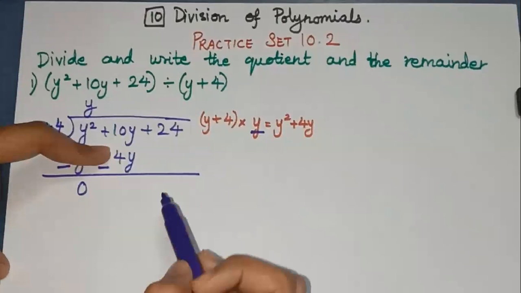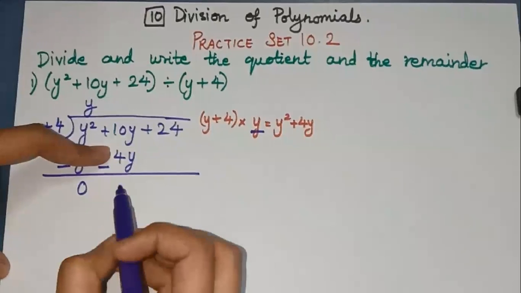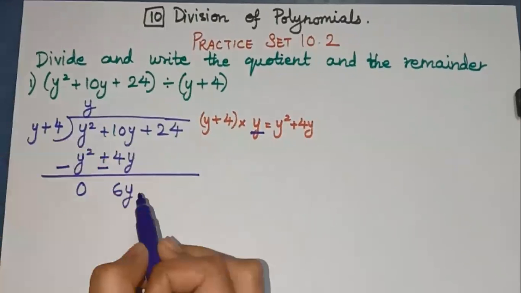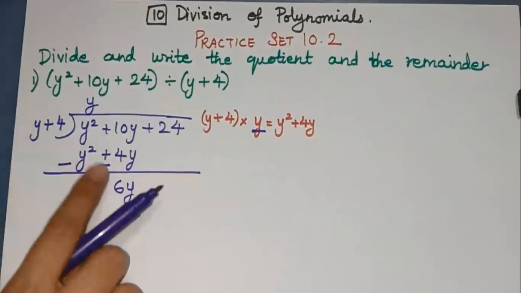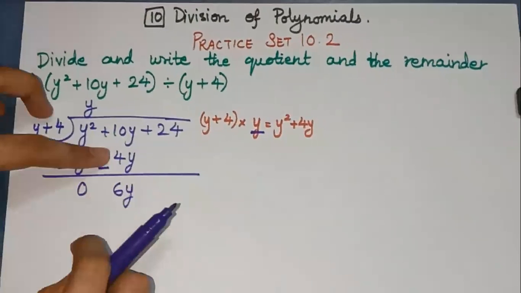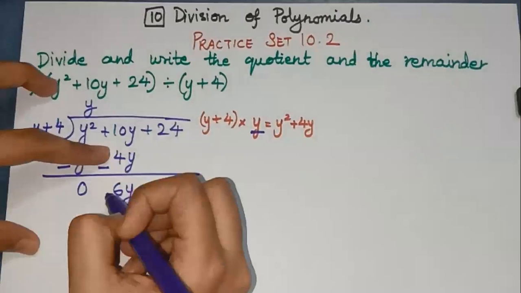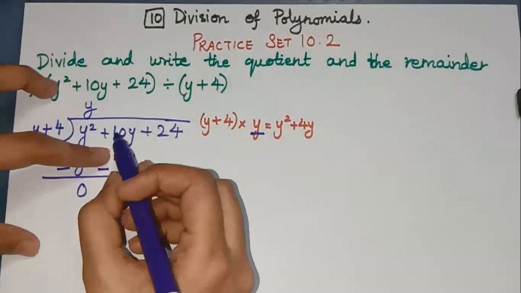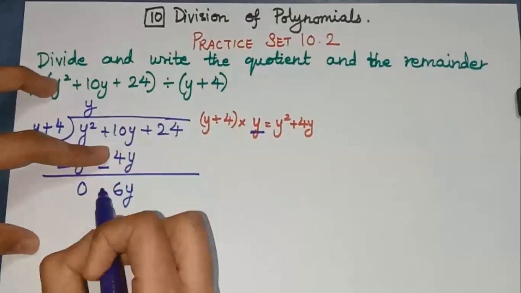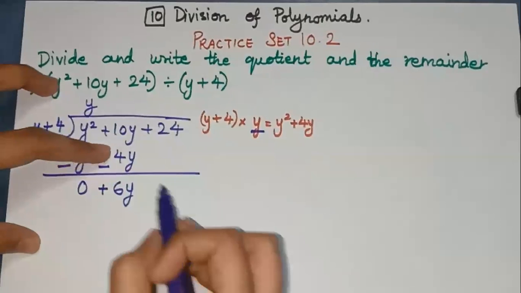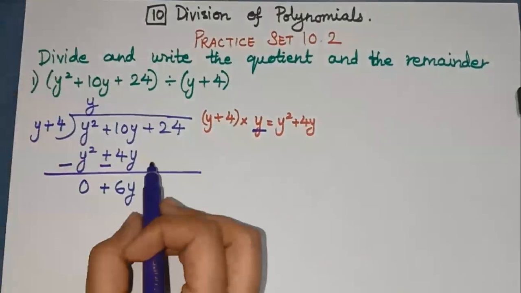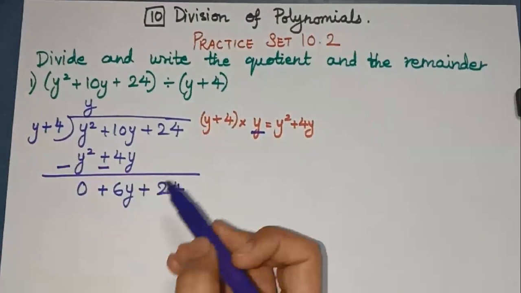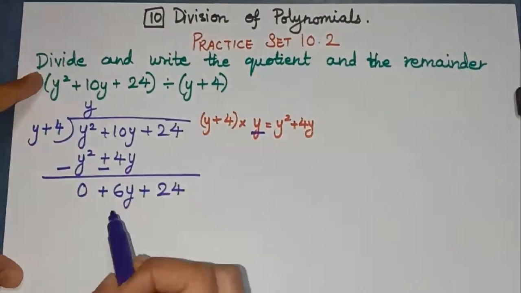Plus minus is minus, so 10 minus 4 will give you 6, and the variable as it is. Now as I am saying that we will not consider this positive sign, that means you have to put some sign over here, and that will be the sign of the greater number. So here the greater number is 10y, so I am going to put plus over here. The next number that we have is plus 24. So here we want 6y now.